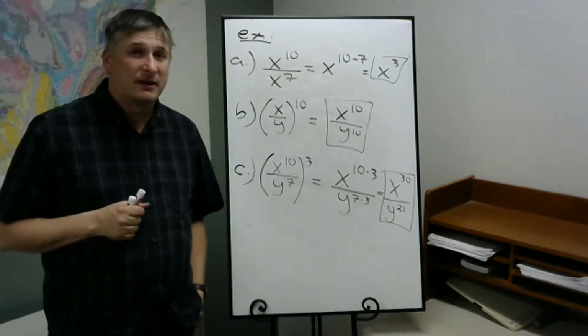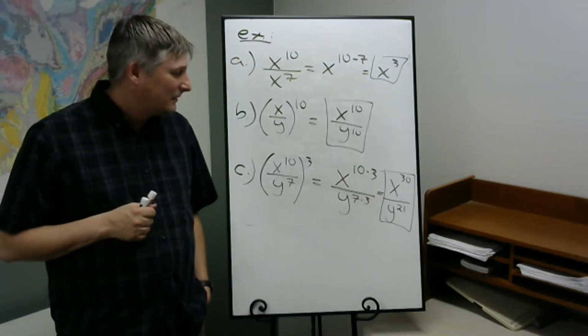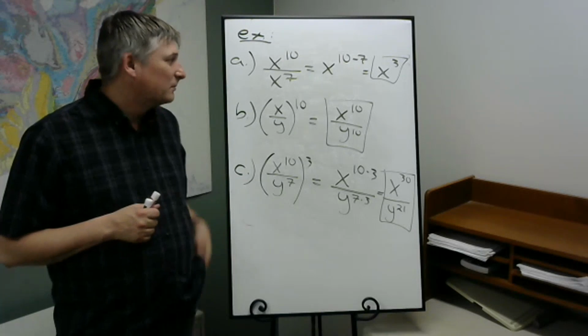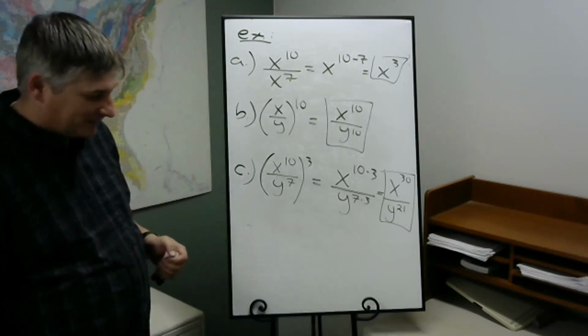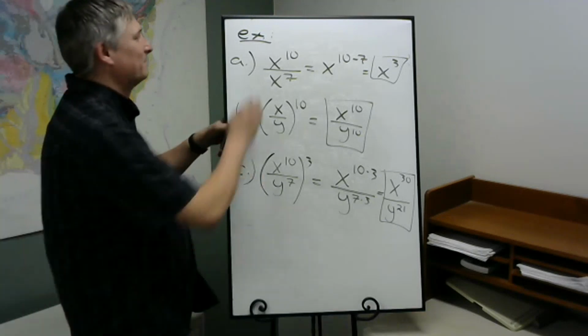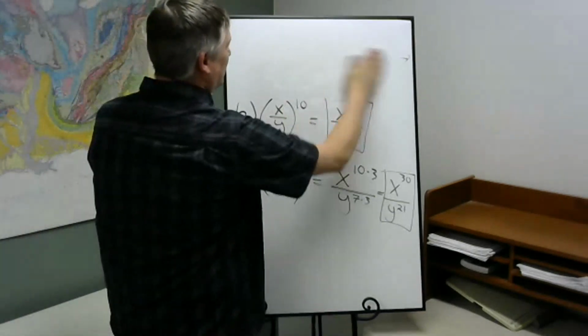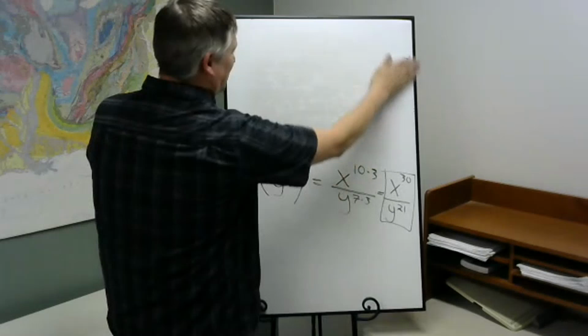And that's going to be our final answer. All right. 3 different answers for 3 different problems. So let me do one more. Then we'll take a look at some logarithm properties.